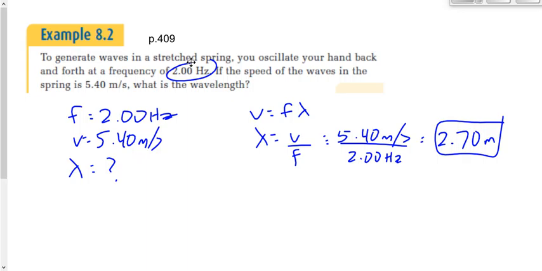Tell me which variables would change and which one would not. As the wave goes from metal slinky to plastic slinky, the wavelength would change, the speed would change. I don't know, to be honest, whether it would speed up or slow down. Probably speed up a little bit would be my guess, but I don't know for sure. But the speed would change a bit, the wavelength would change a bit, and the frequency would stay the same, because once a wave has been made, the frequency always stays the same.